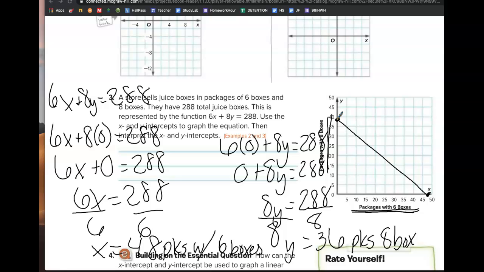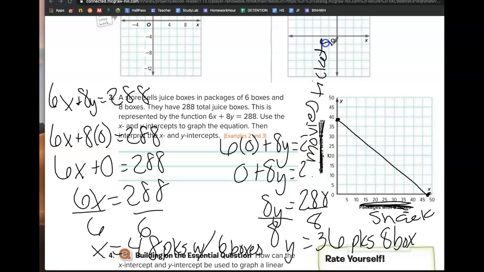Okay, so in order to interpret this for the other class, I just crossed off their labels and changed the labels to make more sense, I guess. So I put this one as movie tickets, and then this one would be snacks. So this time I'm going to pretend we're going to the movie theater.